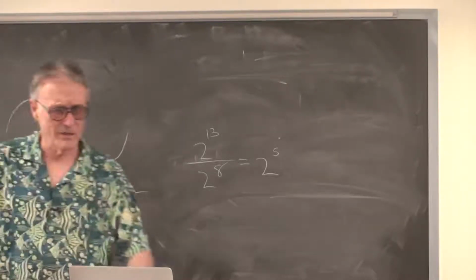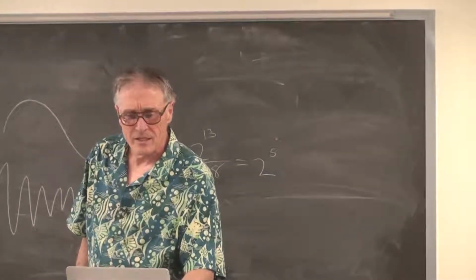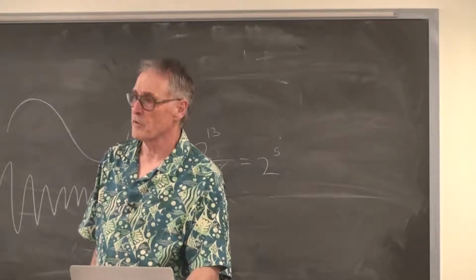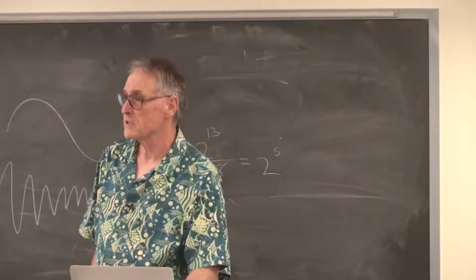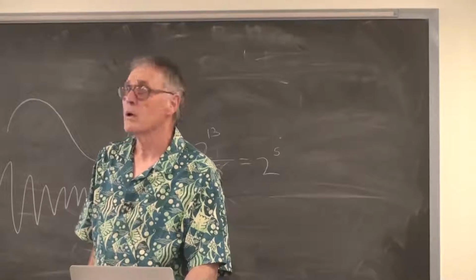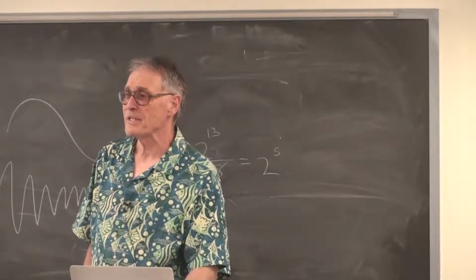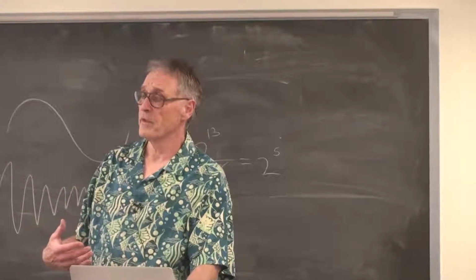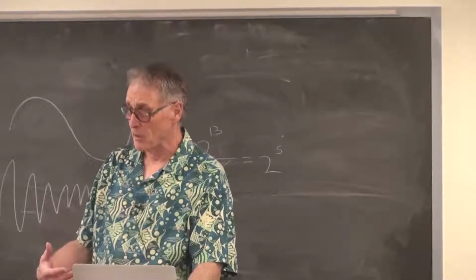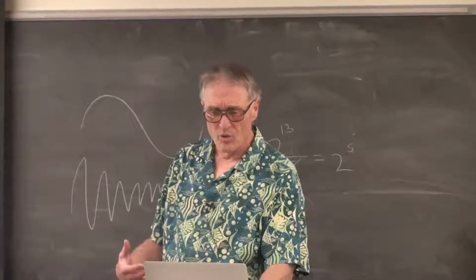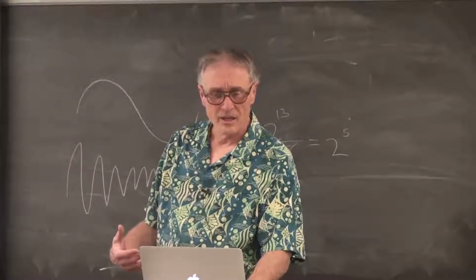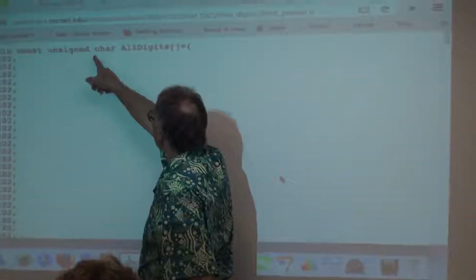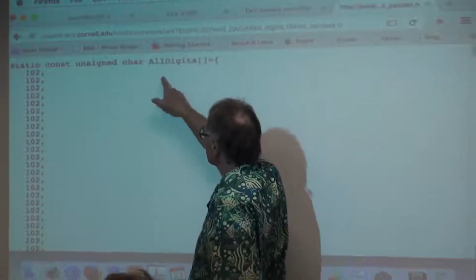I'm not going to tell you, but the main thing is that I wrote a WAV to table converter. That's actually fairly easy in MATLAB. So the MATLAB spits out a C header file, which gives you the header necessary to build a table. Static, constant, unsigned char, all digits.